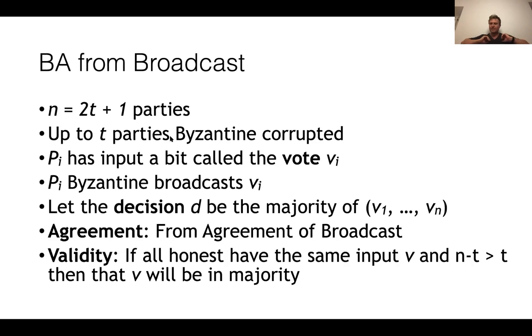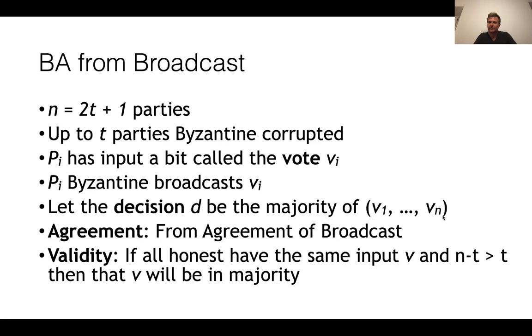Everyone will Byzantine broadcast their vote, and everyone will receive the same vote from everybody. So the set of votes that someone receives will be the same vector for everybody. Then we apply a deterministic rule on that, which is to take the majority value. It only contains 0s and 1s, so one of them has more than half the votes.